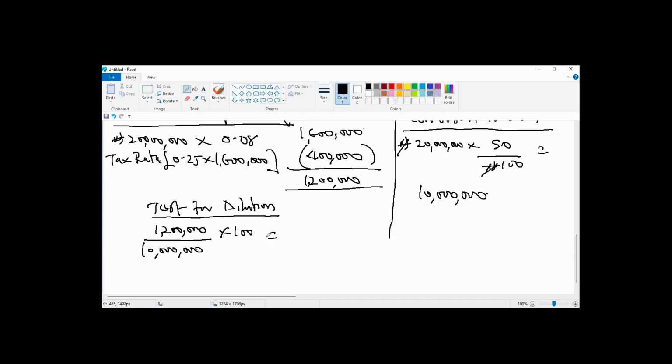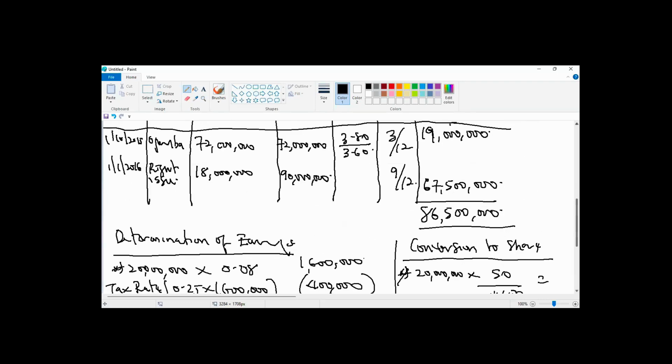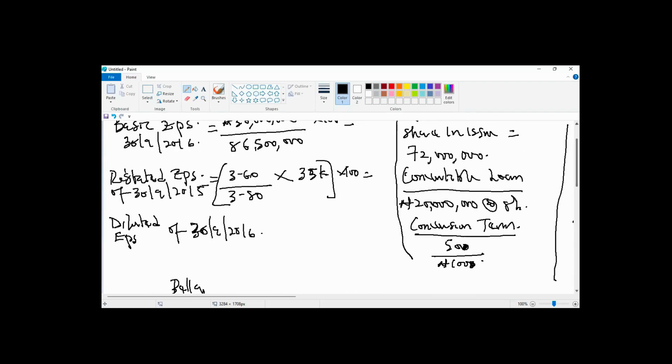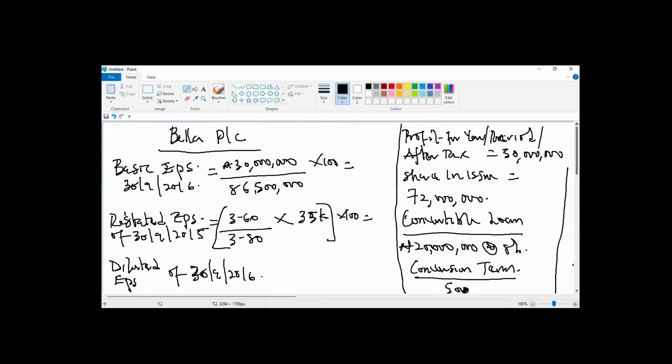That is 12 kobo. But I don't know whether it is diluted or not. I need to get my basic. I have 12 kobo.